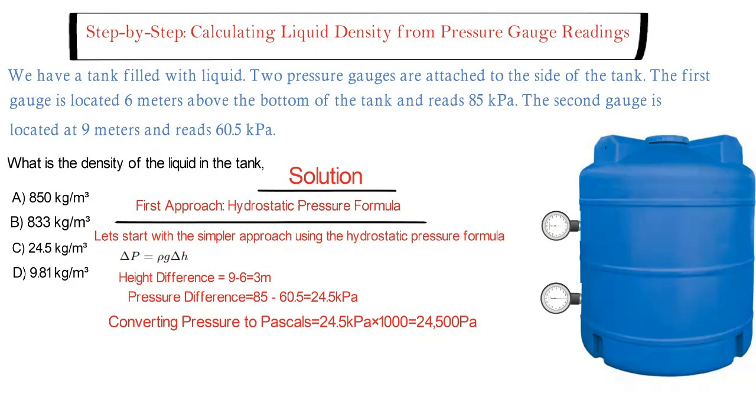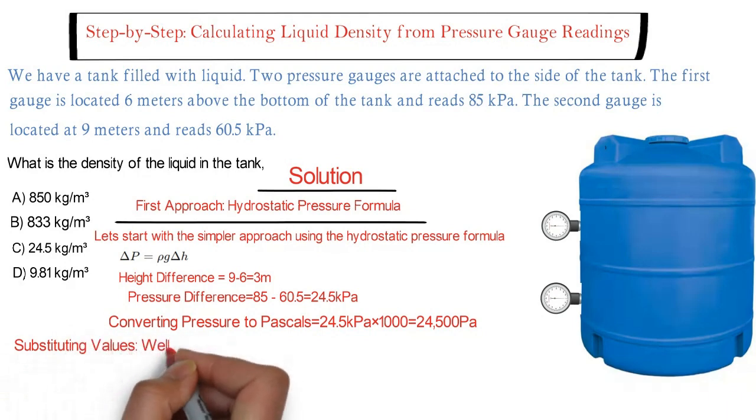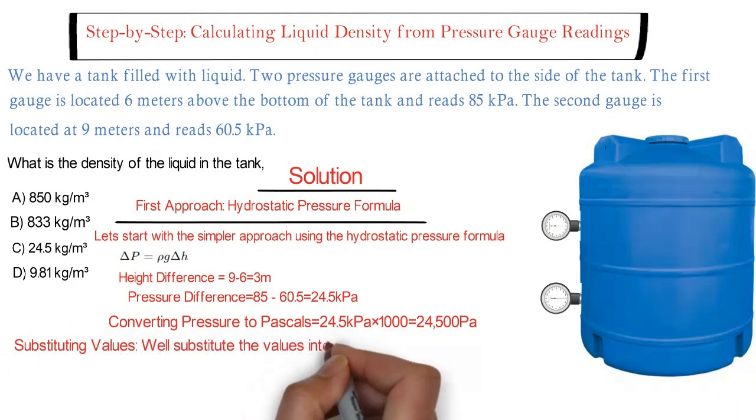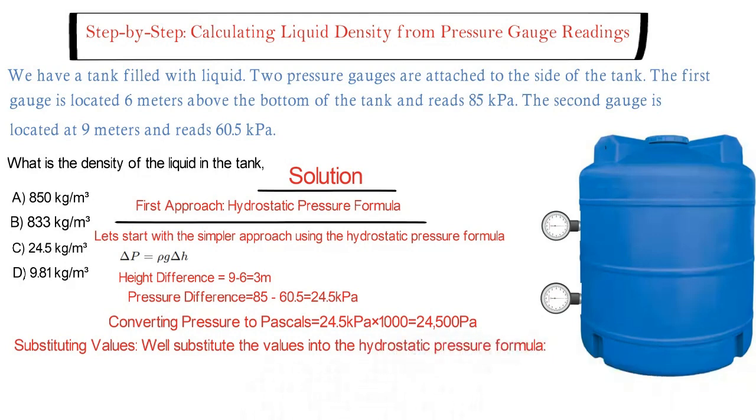To convert the pressure difference to pascal, we multiply 24.5 kilopascal by 1000, which is 24,500 pascal. Let's substitute in the hydrostatic pressure formula. 24,500 pascal equals rho multiplied by g, which is 9.81, multiplied by 3, which is the height.